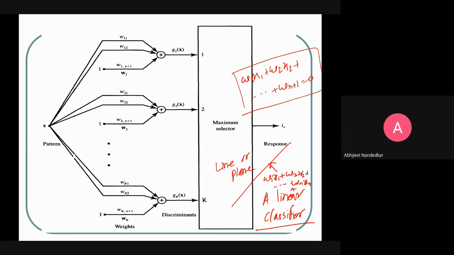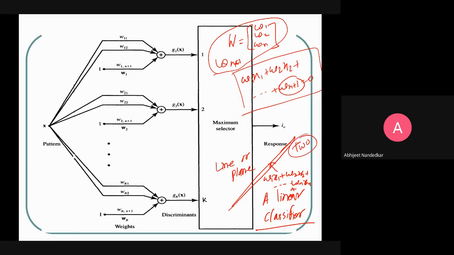To adjust the line position, I need to adjust the W vector of this line, that is the collection of all weights, and the constant Wn plus 1. So there are n plus 1 parameters to be adjusted for a line or a plane so that this partition is adjusted properly for a two-class problem.